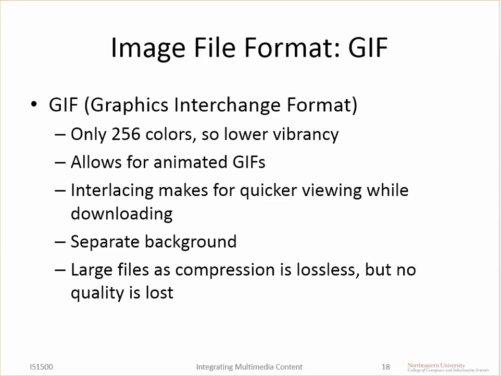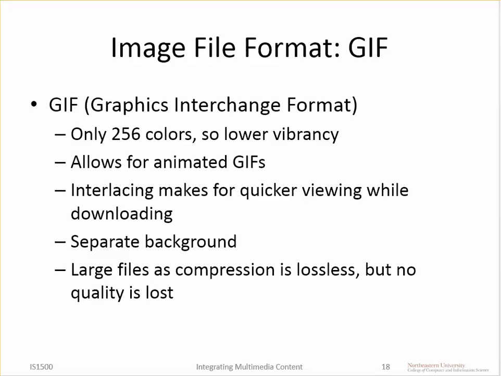So let's take a closer look at some of the file formats. GIF stands for Graphics Interchange Format, and is one of the earliest compressed image file formats. Now it only allows you to use 256 colors. In fact, it only uses 8 bits for all 3 colors. So red, green, and blue are all represented with just 8 bits together.